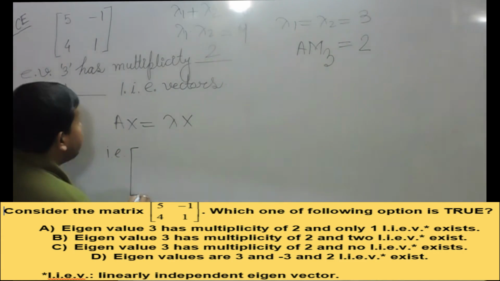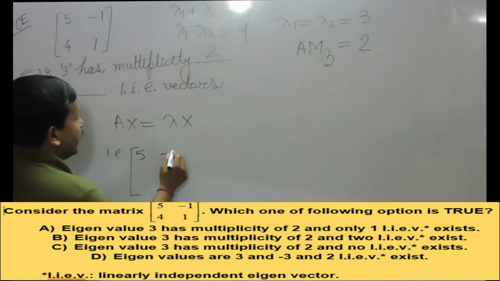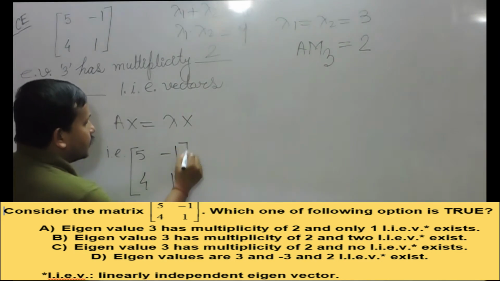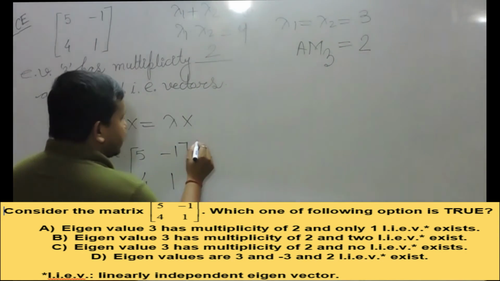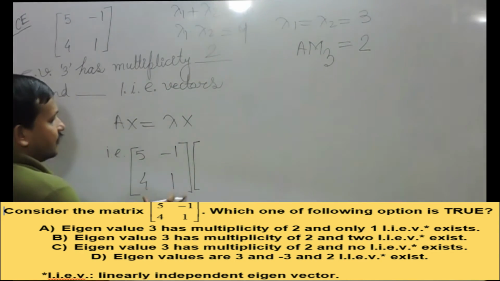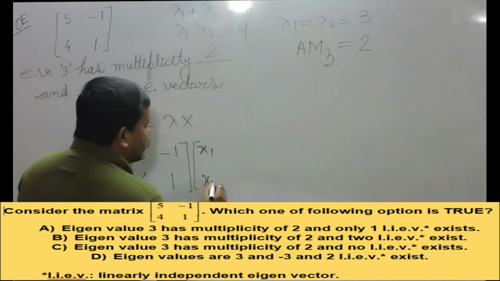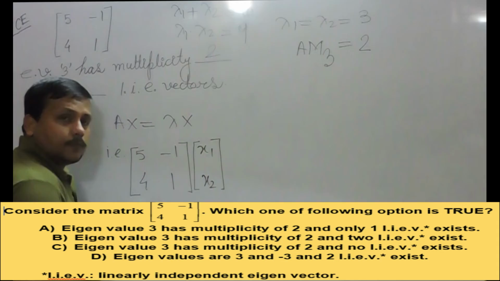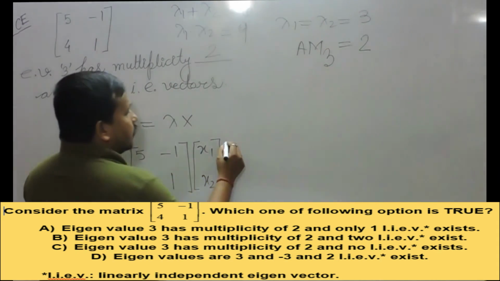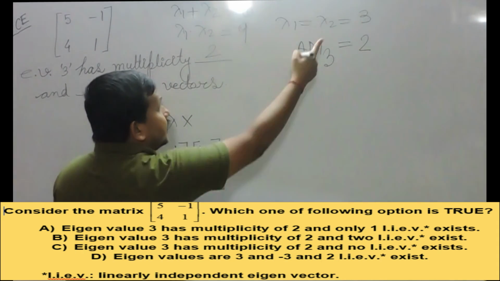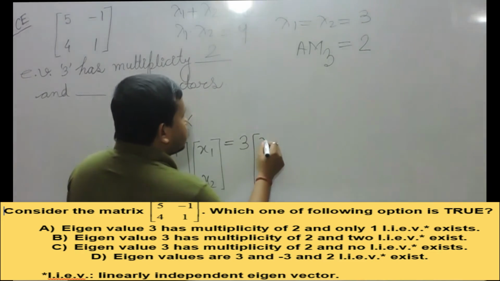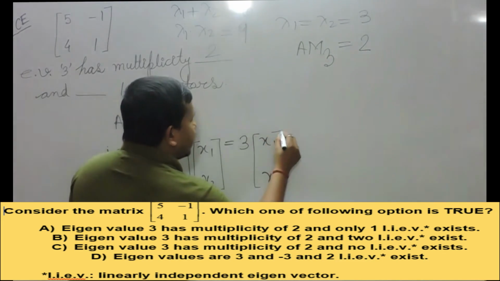The matrix A is 5, negative 1, 4, 1. What is x? Since the matrix is a 2 by 2 matrix, x has exactly 2 components, x1, x2. Lambda is the eigenvalue, and here the eigenvalue is 3. So you have the system like this.